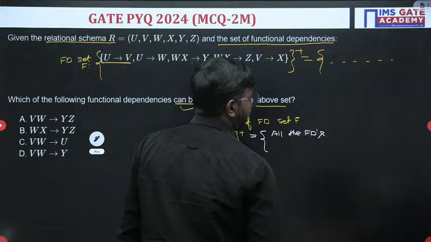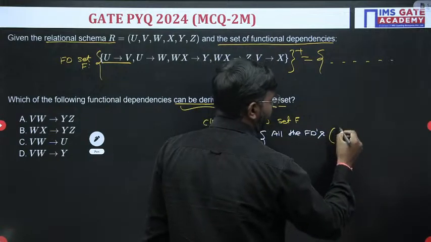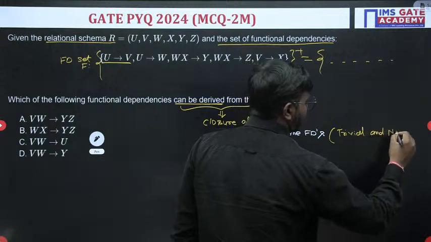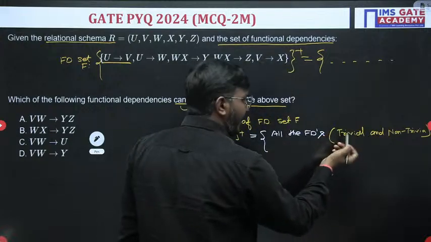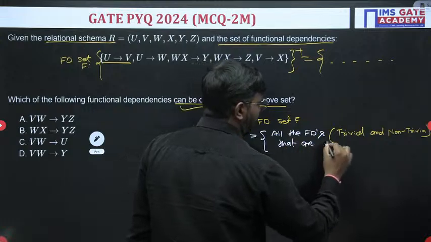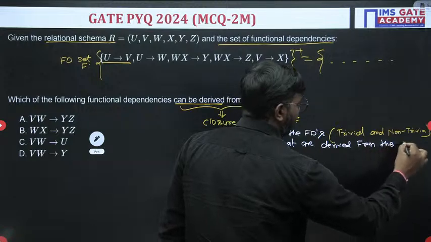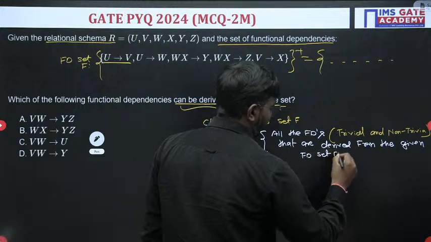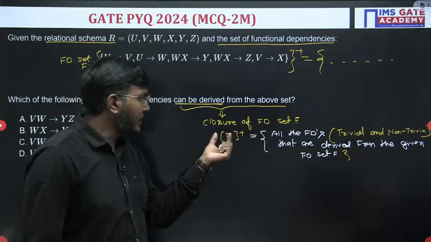The closure of F will contain all the FDs, all types, all trivial and non-trivial FDs, whether trivial or non-trivial, that are derived from the given FD set F. This is the closure of an FD set.